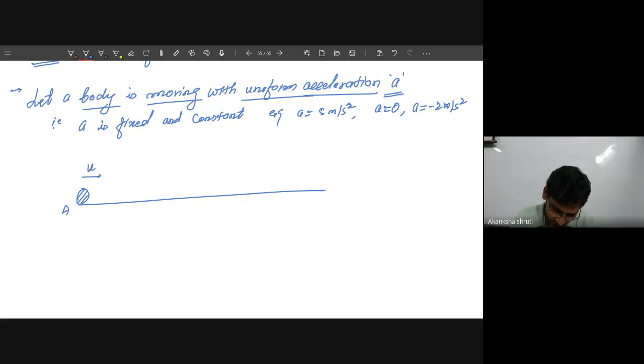Means we have started observation of an object which is already in motion, means it already has some initial speed.